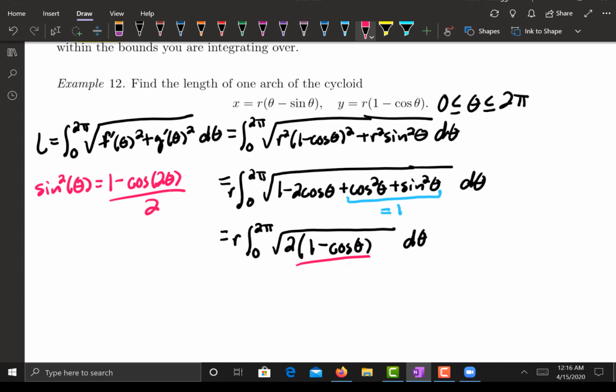Now, I don't have 1 minus cosine of 2 theta here. I have 1 minus cosine of theta. But I can manipulate that. Here's how. If I multiply both sides by 2, and if my angle is not theta, but theta over 2, then if I plug in theta over 2, I'll just get theta, and have 1 minus the cosine of theta.